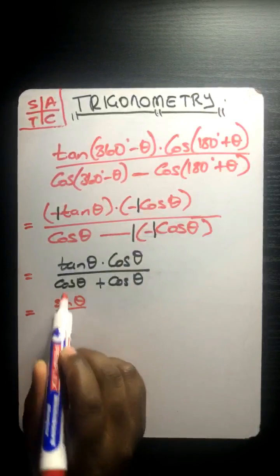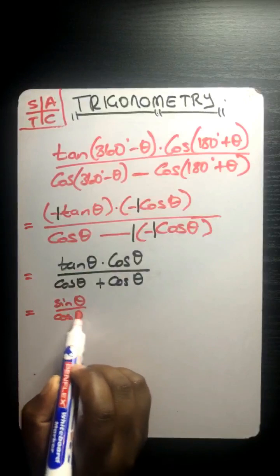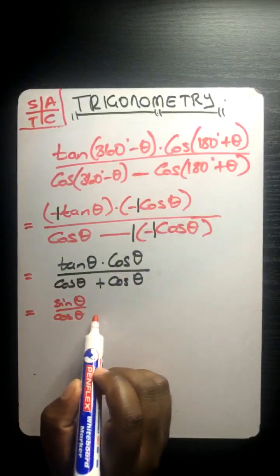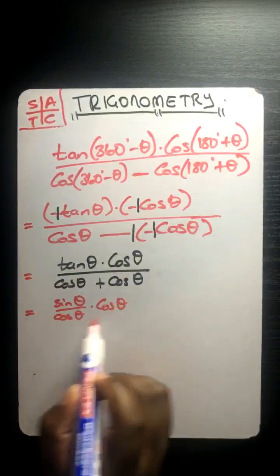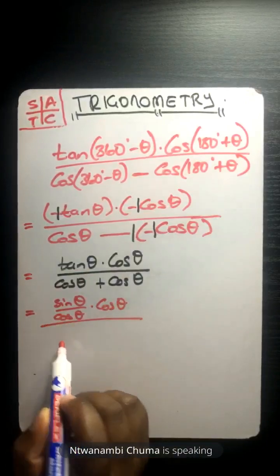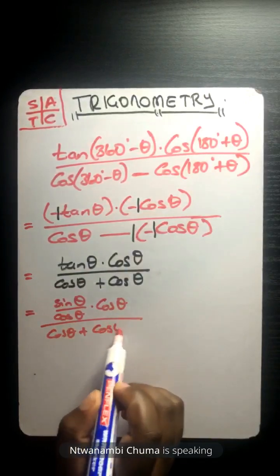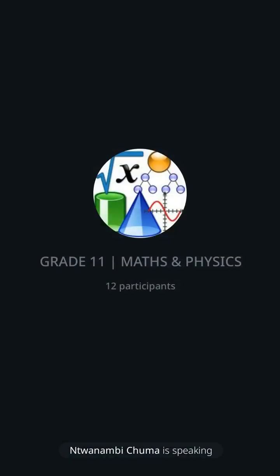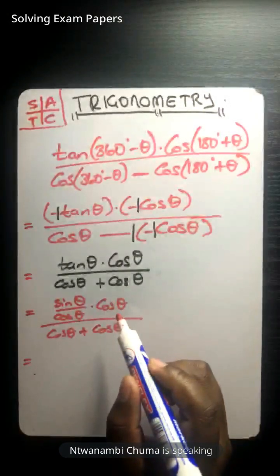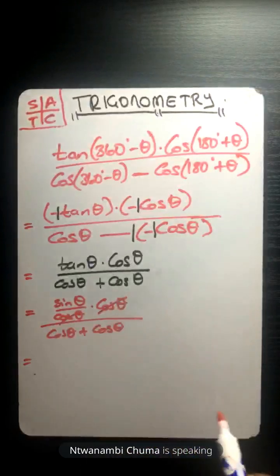Yes, that means tan is always sine over cos of an angle. Multiply by cos of theta, all over cos of theta, plus cos of theta. And then I remove that cos of theta under the sine of theta because there is a multiplication there. So they cancel like that.